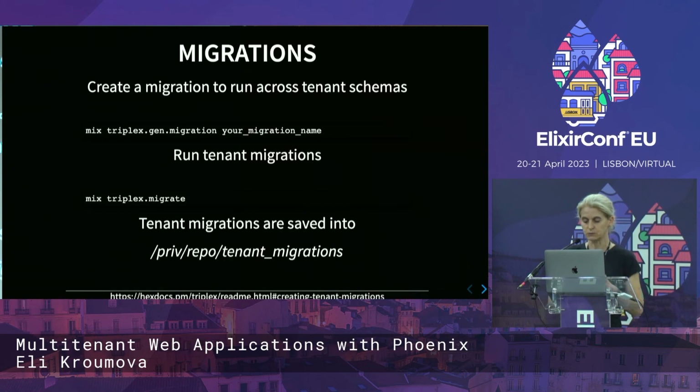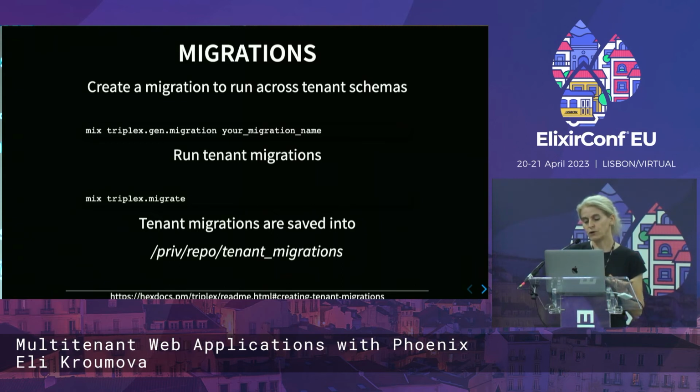The difference with the Ecto migrations is that the tenant migrations are saved in another directory. So when we call the Triplex migrate task, it looks in this special directory and applies all of the pending migrations to all of the tenants that we already have in our database.